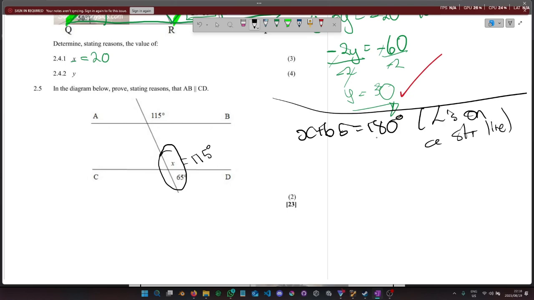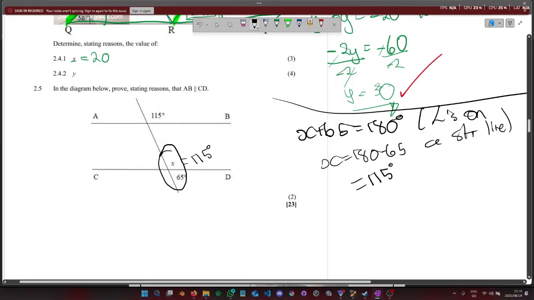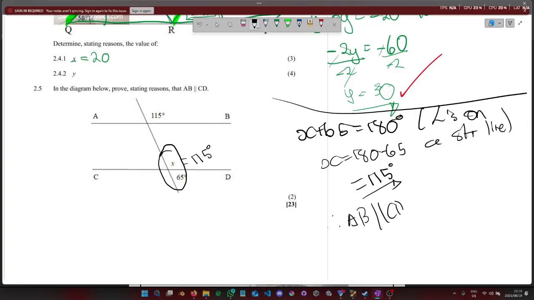You can then work out what x is going to be: 180 minus 65, which is 115 degrees. Therefore, AB is parallel to CD because the corresponding angles are equal.